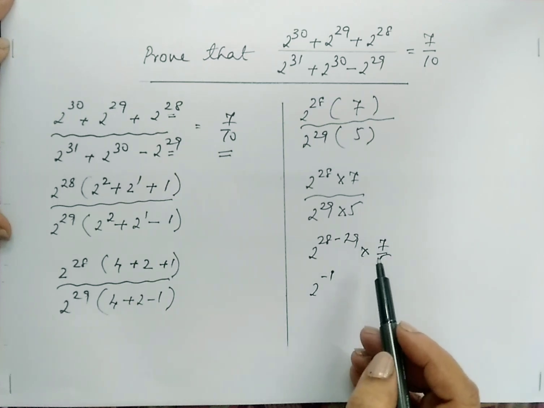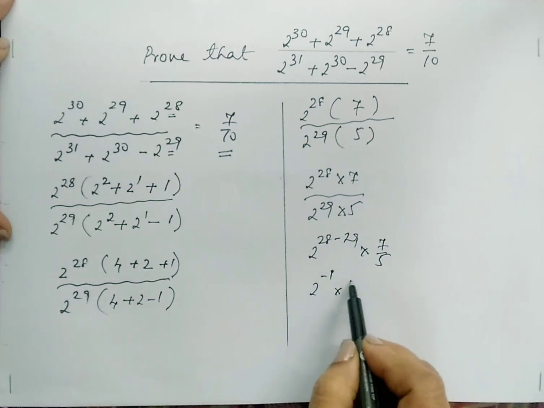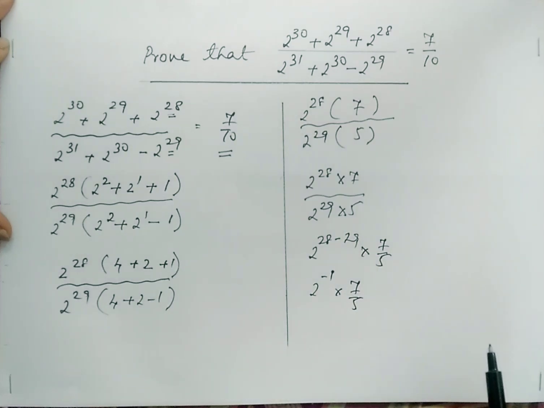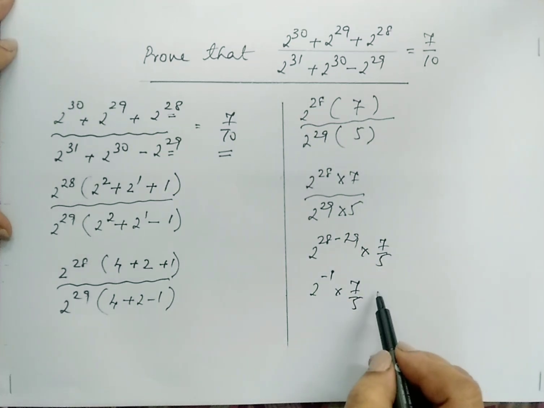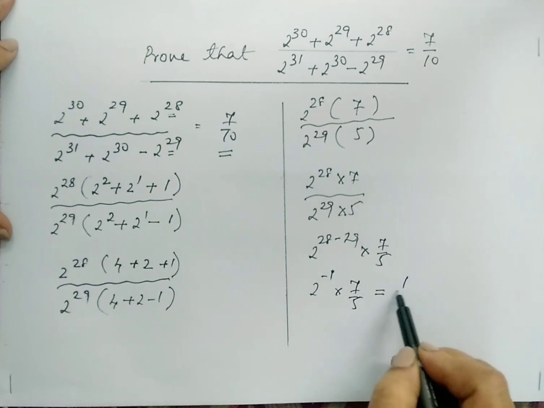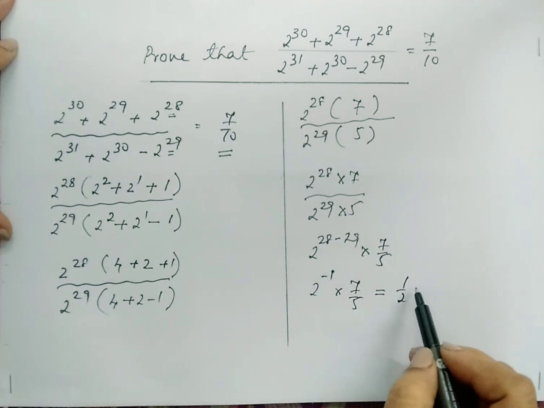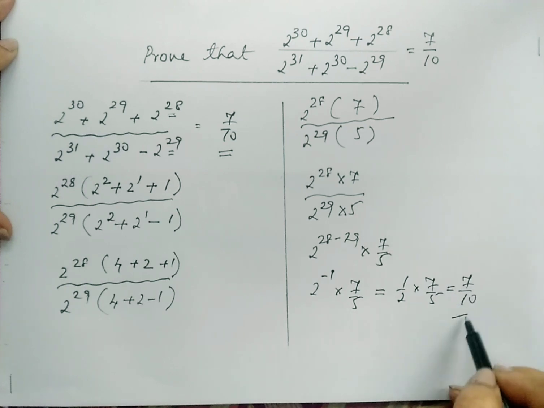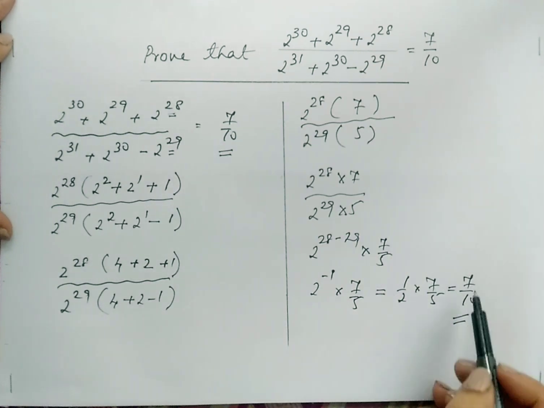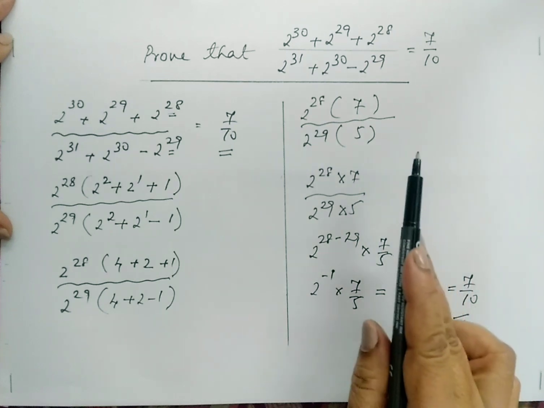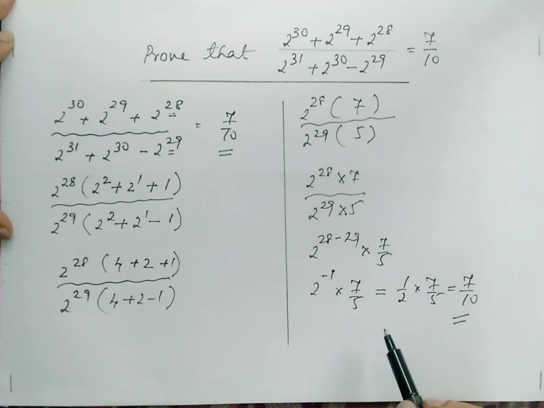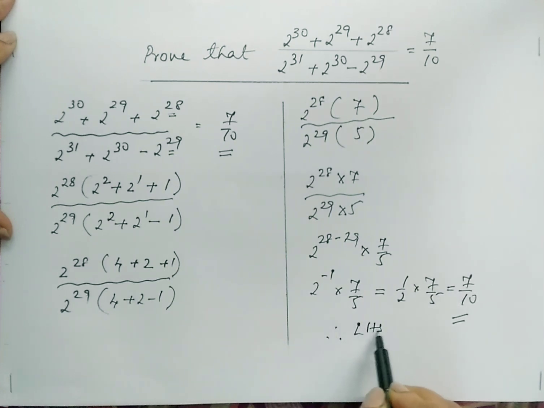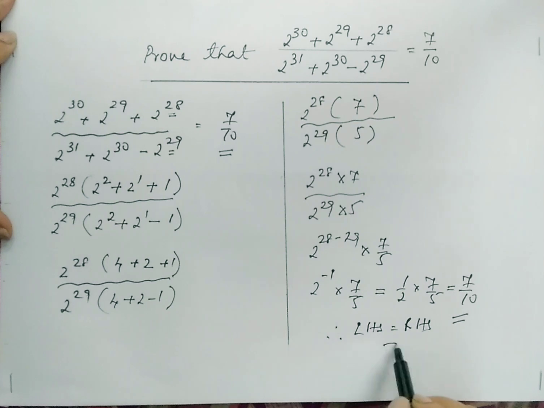This is as per the quotient rule. Multiplied by 7 by 5. Got it? So this can be written as 1 by 2, multiplied by 7 by 5, which means we get 7 by 10, and hence proved. So 7 by 10 is now equal to the right hand side. Therefore, LHS is equal to RHS.